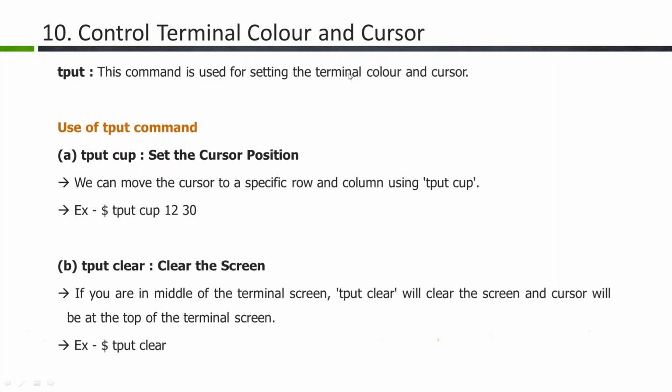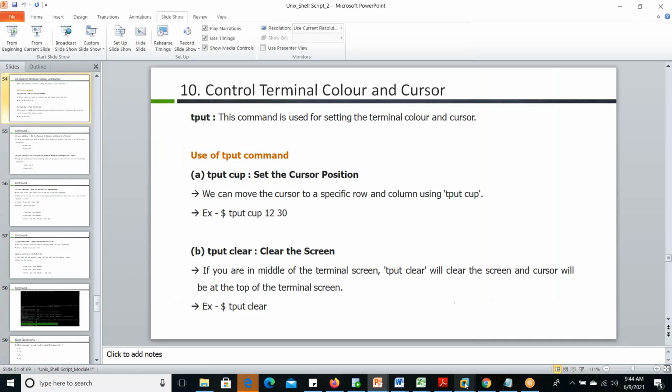In the terminal, we can change the color and the cursor position. The command is tput. These are a few uses of the tput command. Tput cup. Cup is one parameter of this tput command. It will set the cursor position. Okay, so we can directly go here and use it.